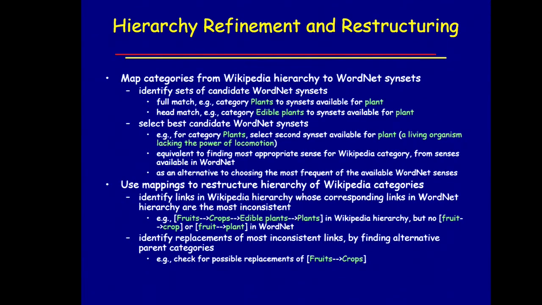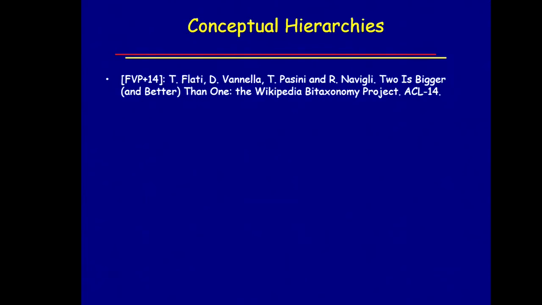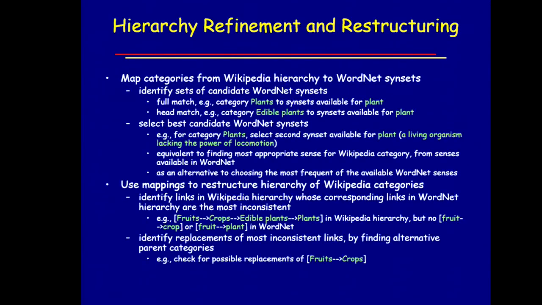They would just pick another parent and put it there. How they do it precisely is based on evidence that they already have. Fruits is under crops, under edible plants, under plants in the Wikipedia hierarchy. These categories may be mapped to some particular WordNet synsets, and depending on where they are mapped or not mapped, that's how they choose the reinsertion point. And they restructure the hierarchy.